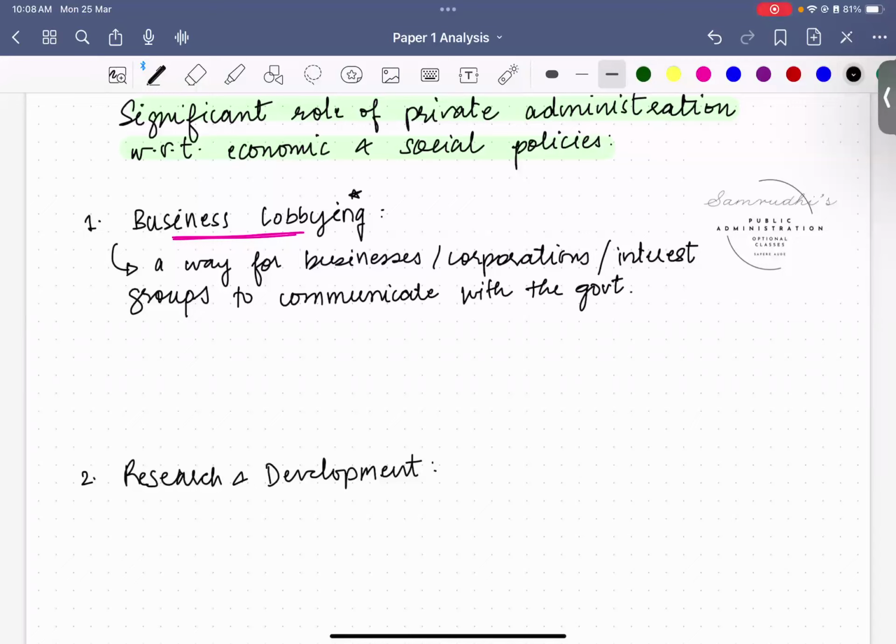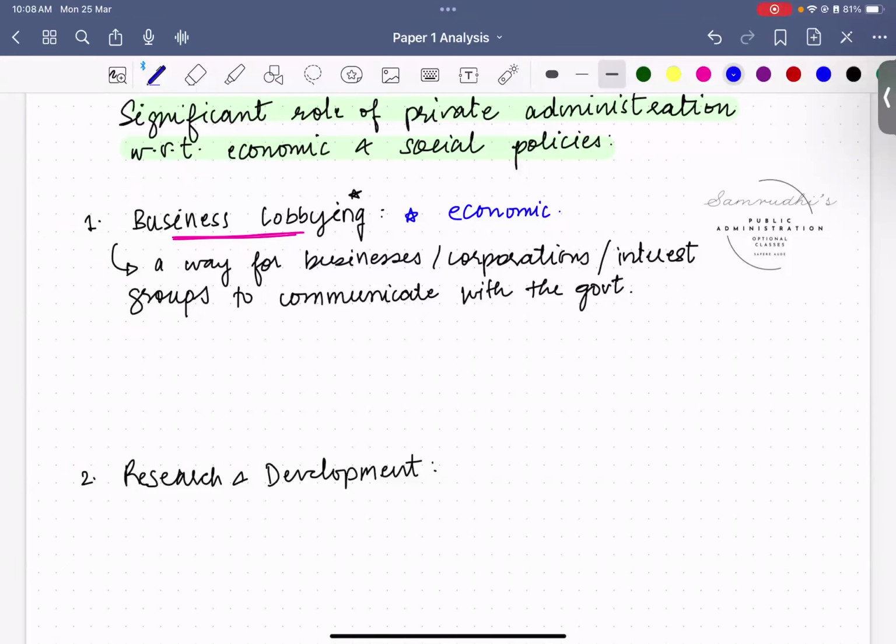You can see this particular lobbying will have a significant impact on the economic policies, because they will be communicating their needs and their interests with the government.